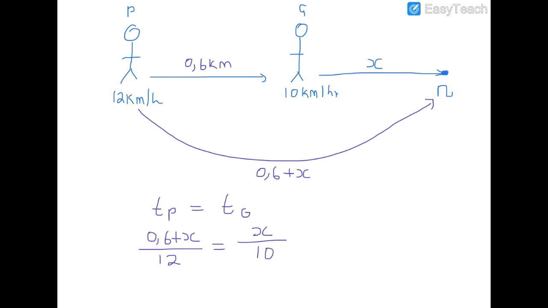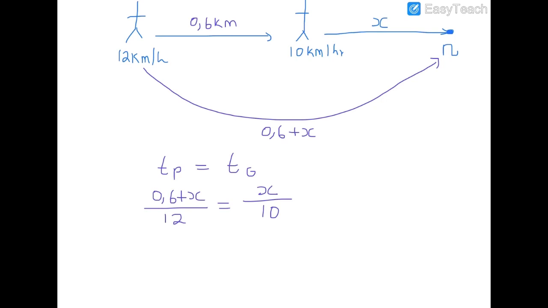Remember, X will be the distance that Gert would have covered when Pete catches up to him. So let's calculate X. Cross multiply, we get 6 plus 10x equals 12x, so 2x equals 6, where x equals 3.